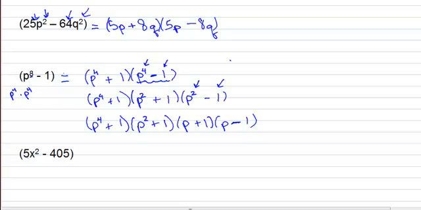And the next one has a coefficient, and it also has a constant here. We can see that 5 goes into 405. So that is our greatest common factor. And then we just divide it out of each term. So we're dividing this term by 5 and dividing this term by 5.